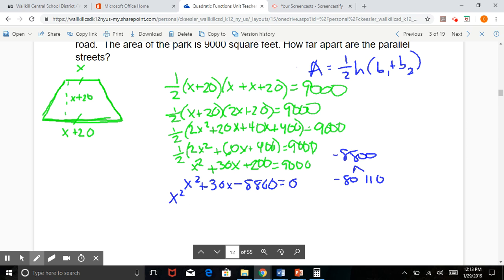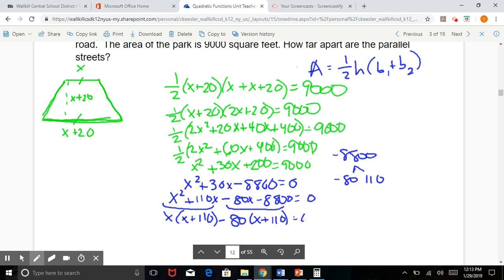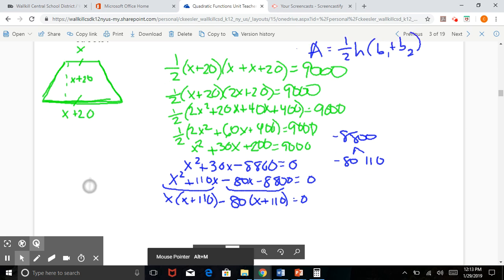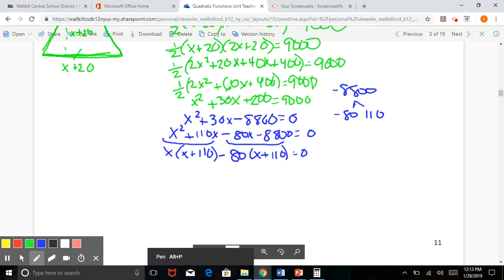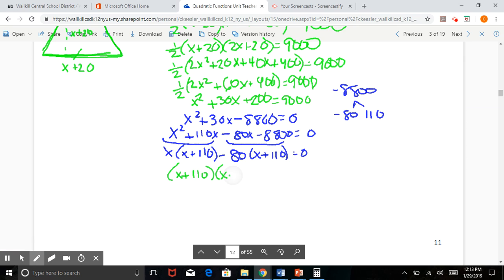So x squared plus 110x minus 80x minus 8,800 equals 0. Group and group. x times x plus 110 minus 80 times x plus 110 equals 0. Factor out the x plus 110, and we're left with x minus 80 equals 0.